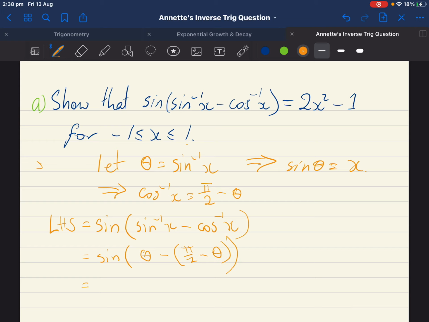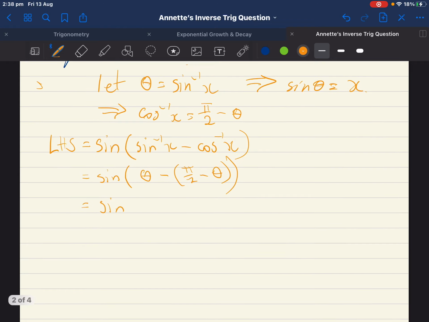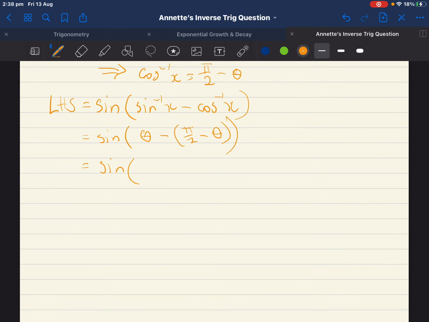Okay, so we sub them in and simplify it down. The two negatives end up giving two lots of theta, and minus a pi on 2, or in other words, keeping in mind that's 90 degrees. So we've got sine of some angle minus some other angle.